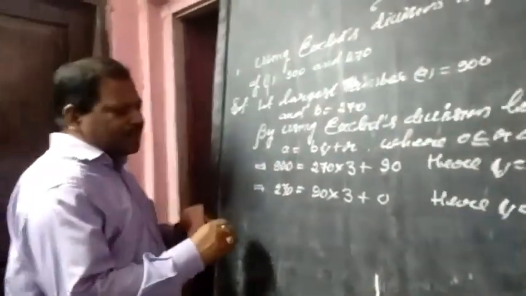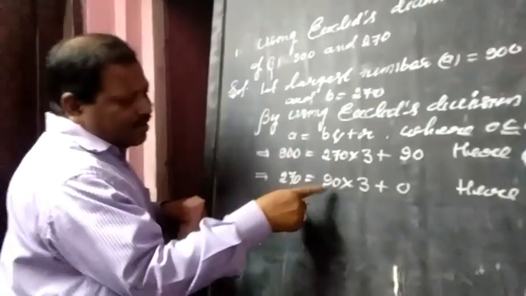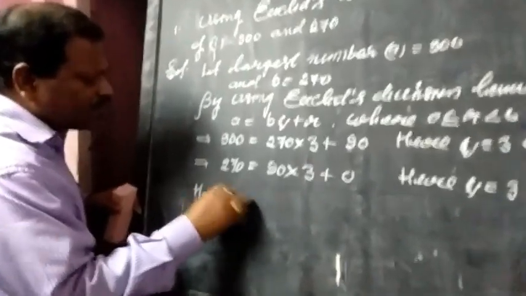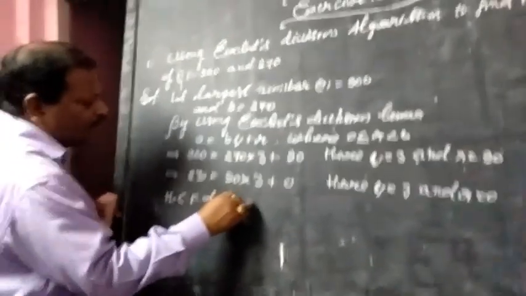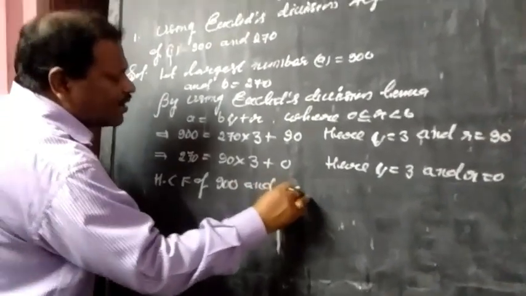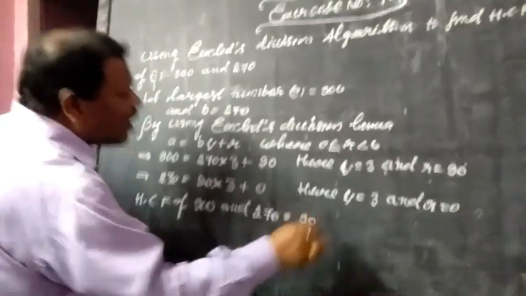So therefore, what is the HCF? The remainder is 0, then we get the answer HCF. Therefore, HCF of 900 and 270 is equal to how much? 90. This is the answer.